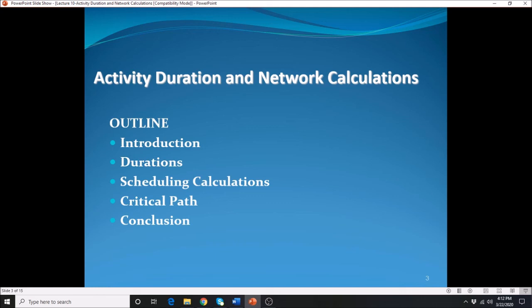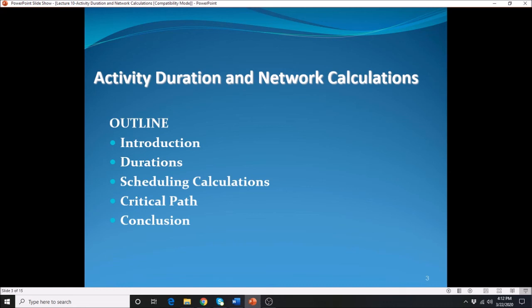The duration, in the previous topics as part of the planning stage, scheduling is one of those tools that allows us to create the plan for the project. And for us to be able to prepare the schedule, it is essential for you to determine the durations of given activities.